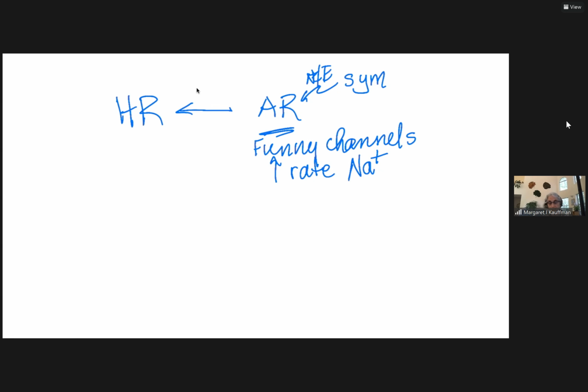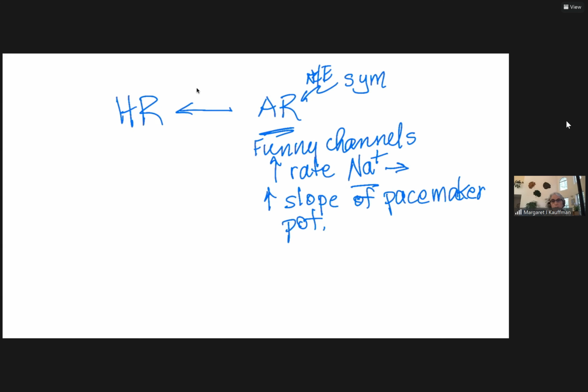But the whole idea is if you increase sodium's rate, that leads to an increased slope of the pacemaker. Not the action potential, but the pacemaker potential. When you increase that slope, you reach threshold for the calcium, the fast voltage gated calcium, faster, and you have a higher heart rate. That's what I was looking for.